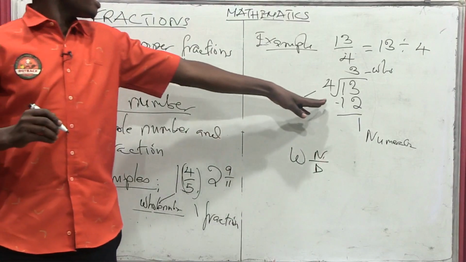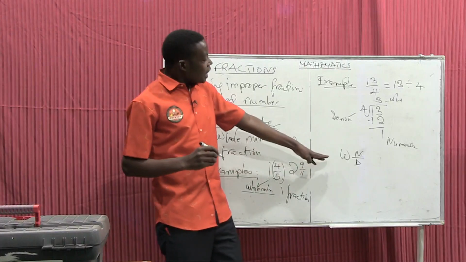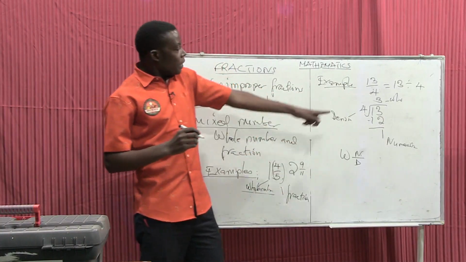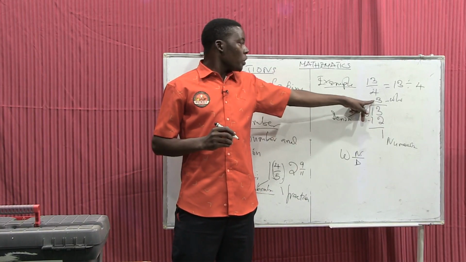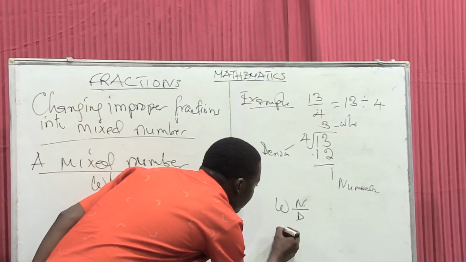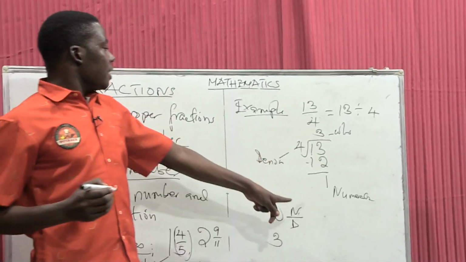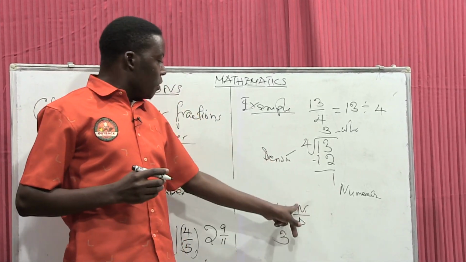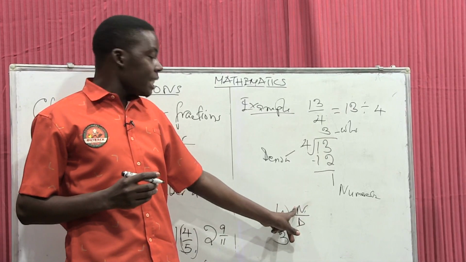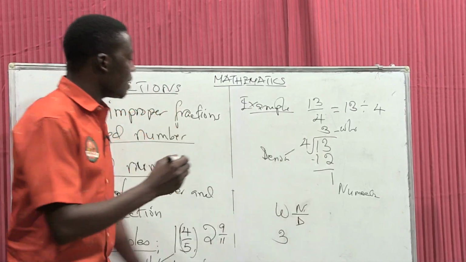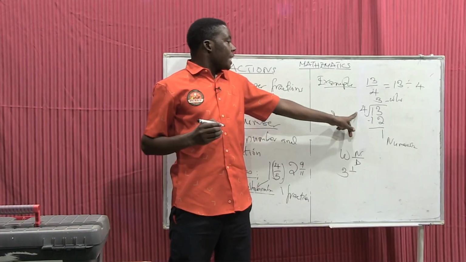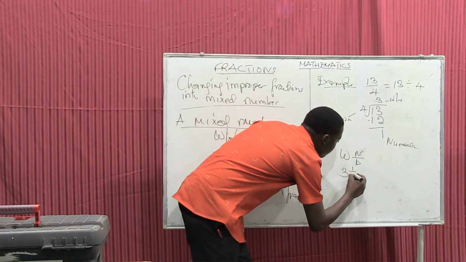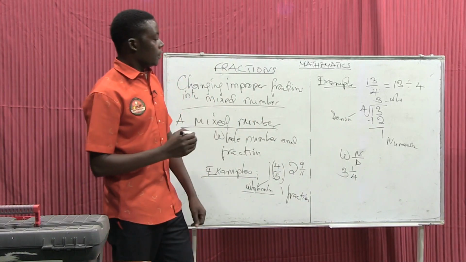According to our answer here, the whole number is the quotient we get. The quotient is 3. Then the numerator stands for n. The numerator is 1 over. The denominator is 4.